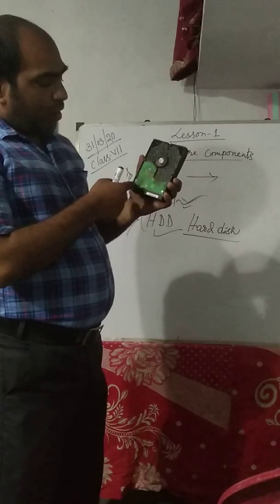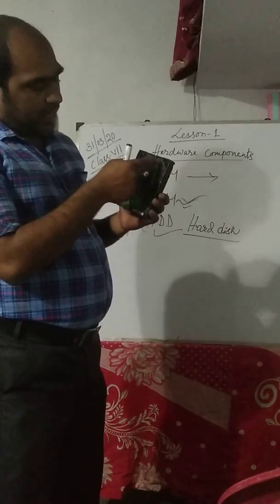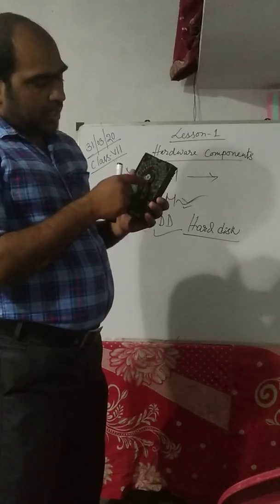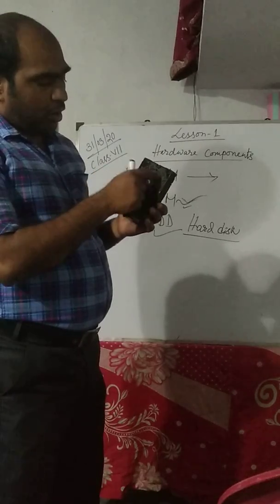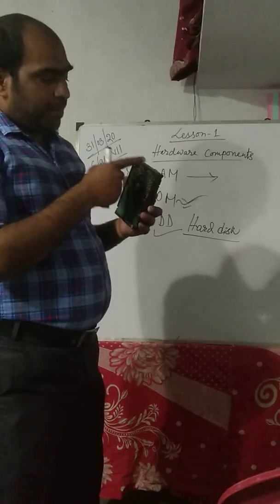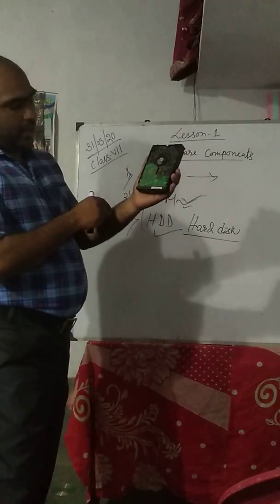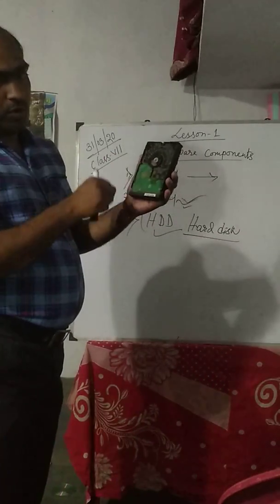You can see one small board and some steel parts; these are the back covers and frames. Inside there is a disk in one frame, and it is always working. This is the hard disk board, supporting only the hard disk's work.